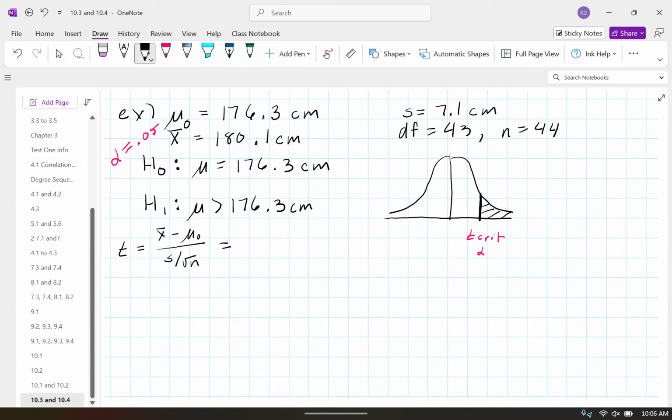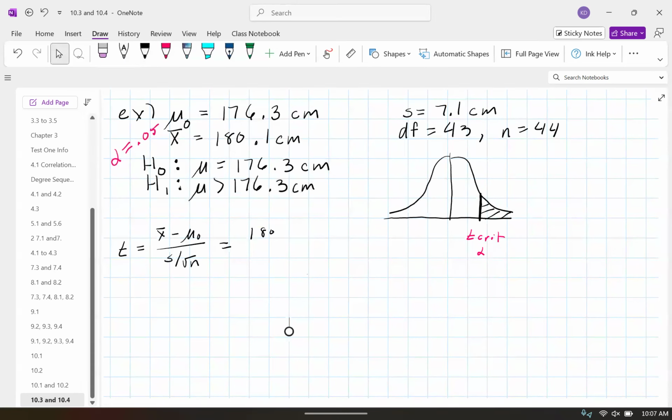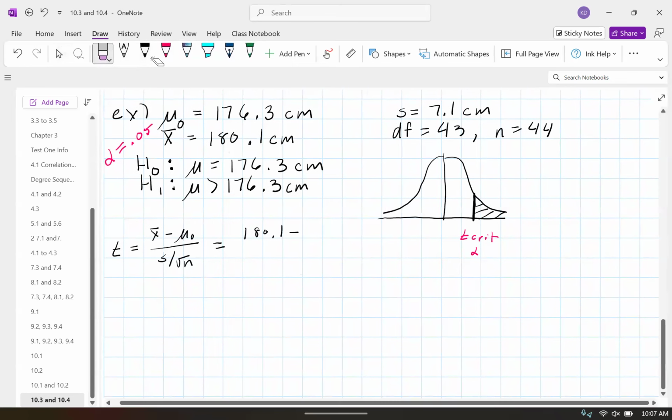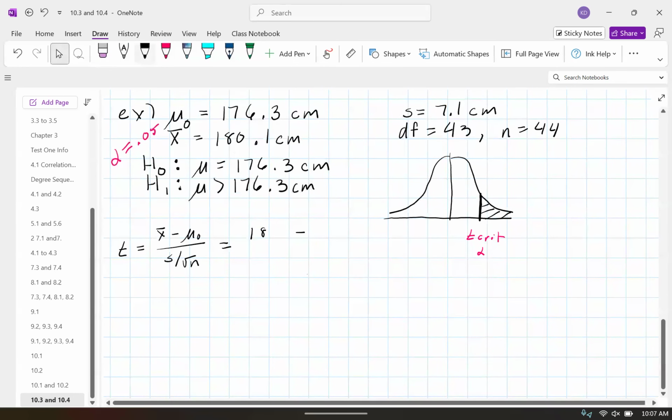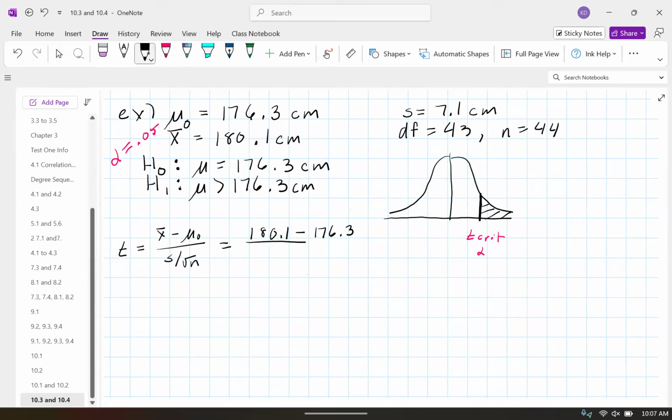For this one, my x bar is 180.1 minus 176.3, all over my standard deviation, 7.1 over root 44.